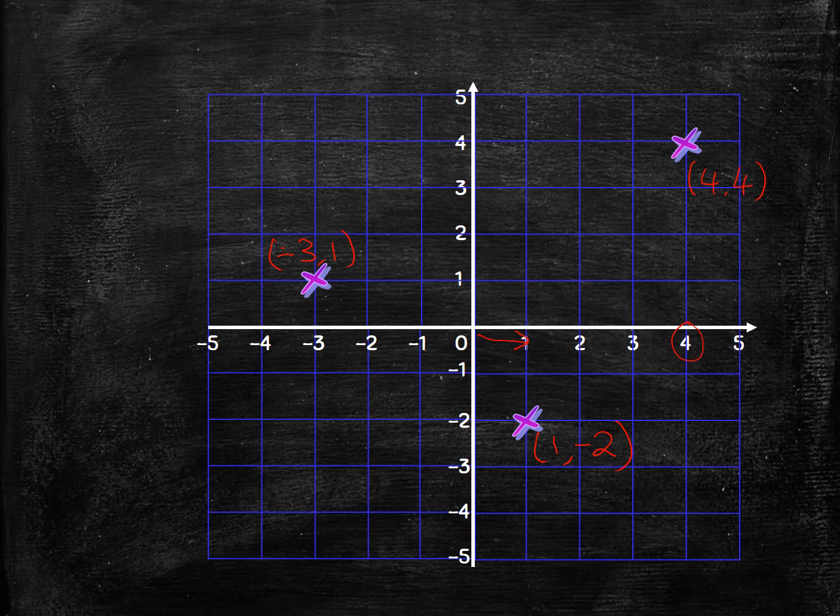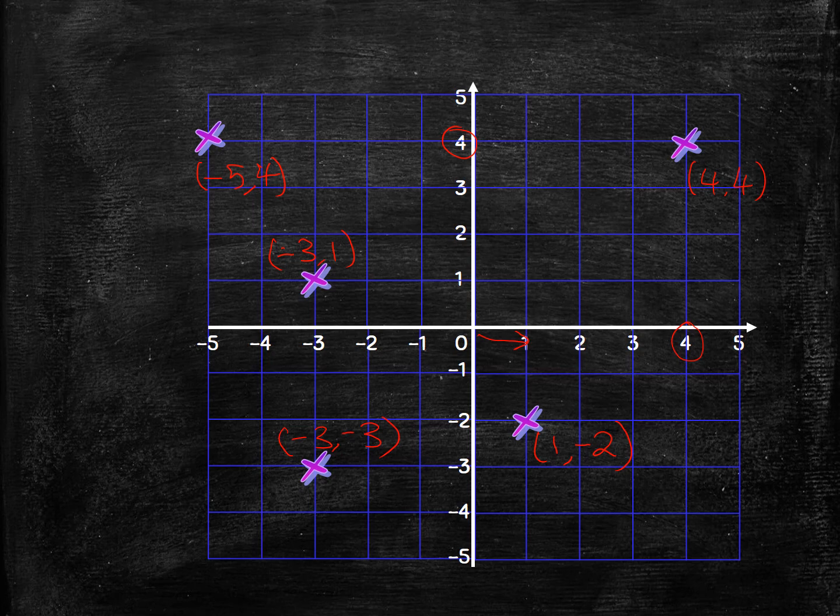Next one, right, this one here, we've gone across to -5 and we've gone up to +4, so that's 4. This one, we've gone across to -3 and we've also gone down to -3 as well, so the point is (-3, -3).